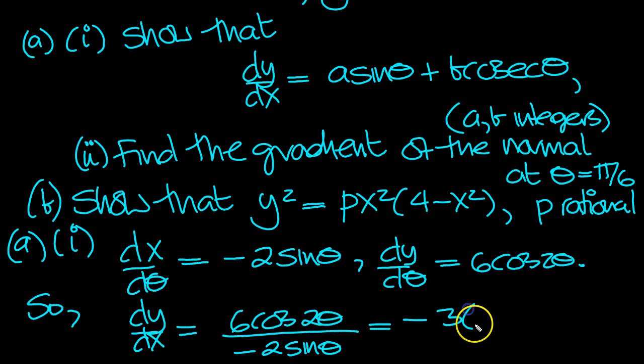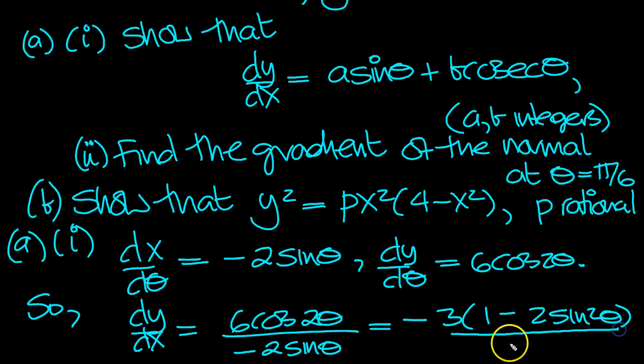The cos 2 theta we can write as 1 minus 2 sine squared, can't we? I'm just looking at this and seeing there's a sine here. So I noticed that writing this version will produce that over the sine theta, because we divided by the 2, didn't we?